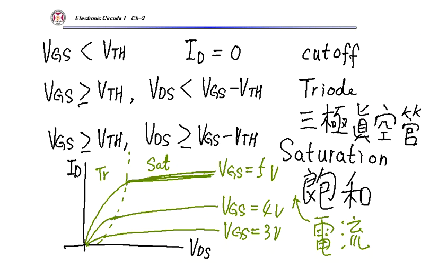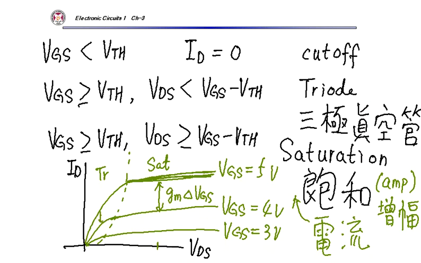Yeah, we will use saturation region for amplifier. Okay. For amplification, at a given drain voltage, this represents GM times delta VGS.